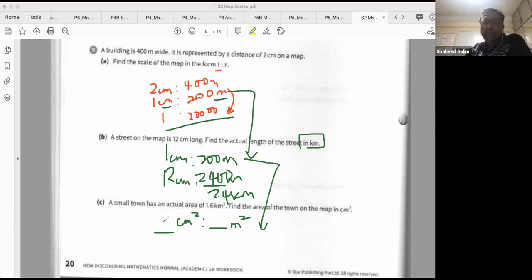Come on, what is the new scale now for area? You need to create a new scale. Extract from here. Hey, hold on. They want in km. They want in km, is it? Sorry. They want in km, so you must change it to km.